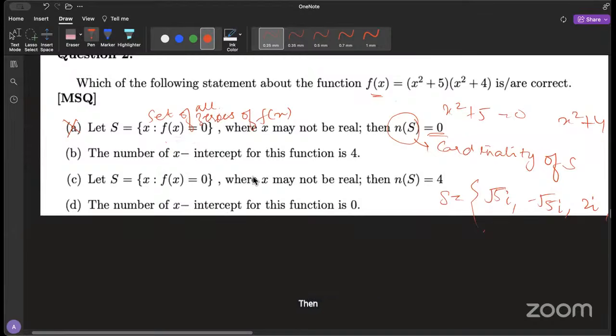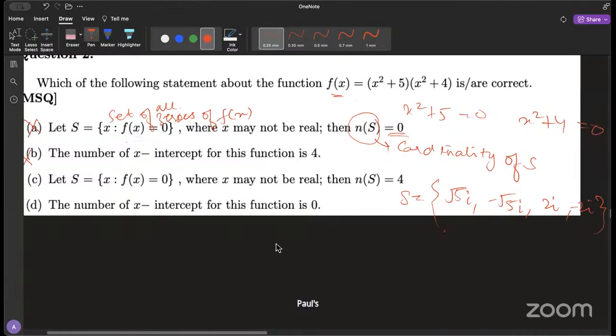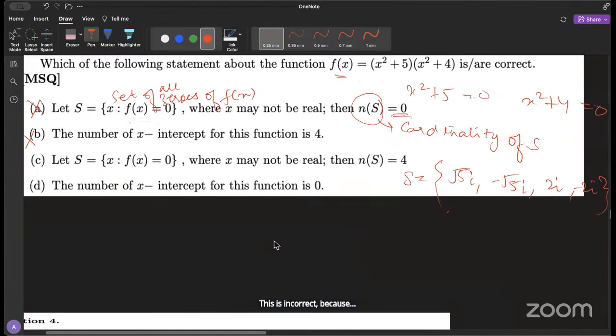Okay, then the next option: the number of x intercepts of this function is 0. So I think this is incorrect because x intercepts are the real roots of your polynomial.